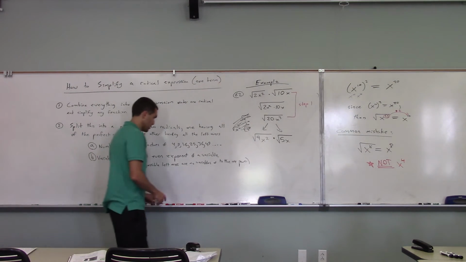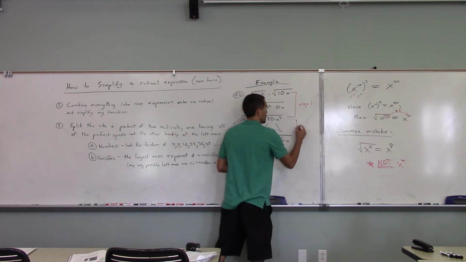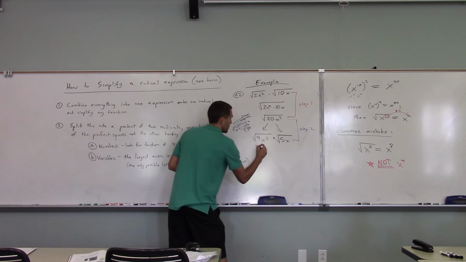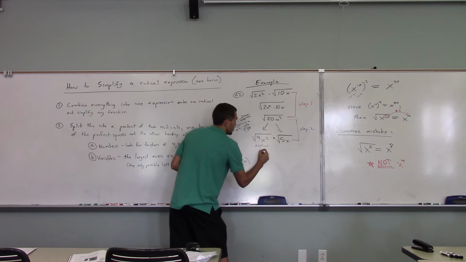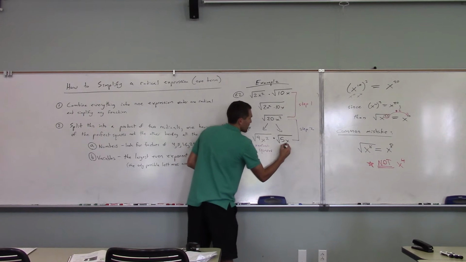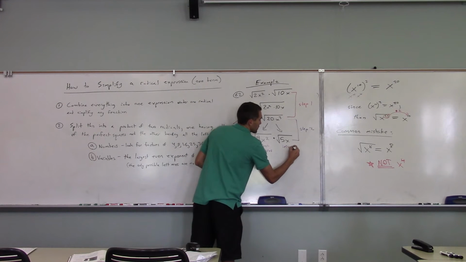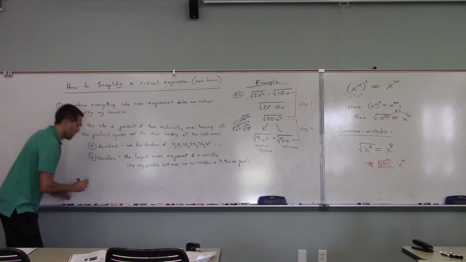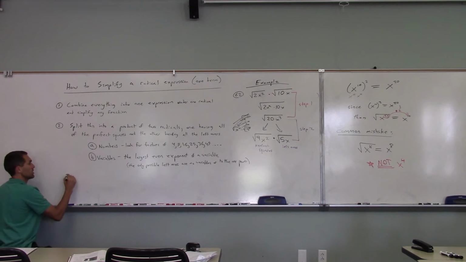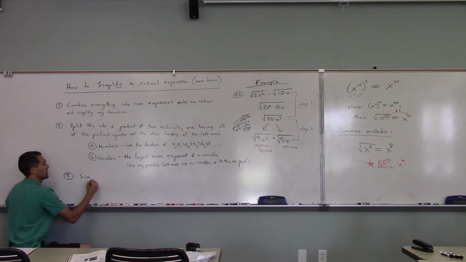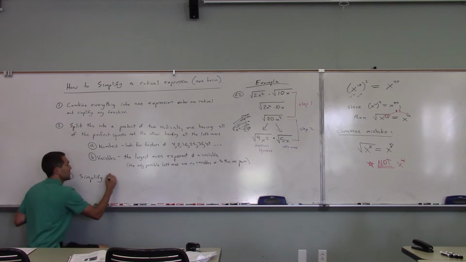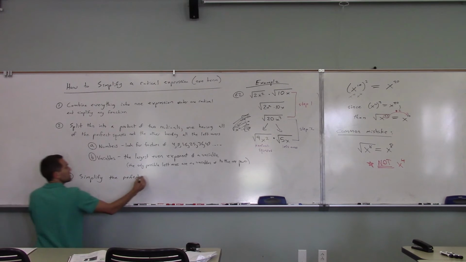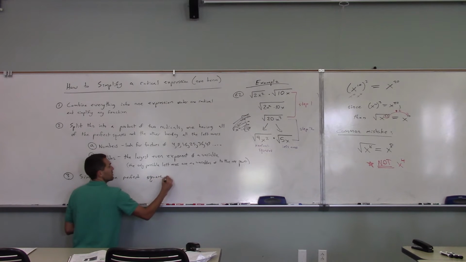This is step 2. These are the perfect squares. And these are the sloppy leftovers. Alright, and the third one is just simplify the perfect square radical.